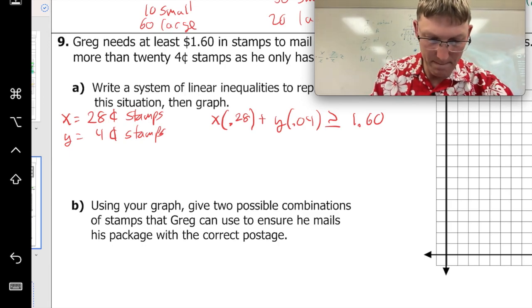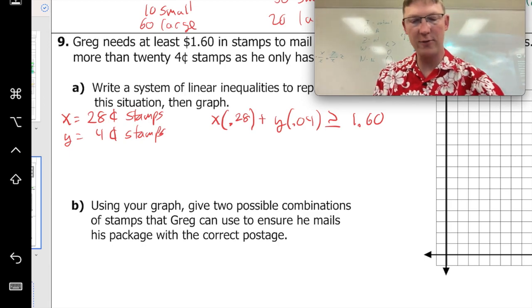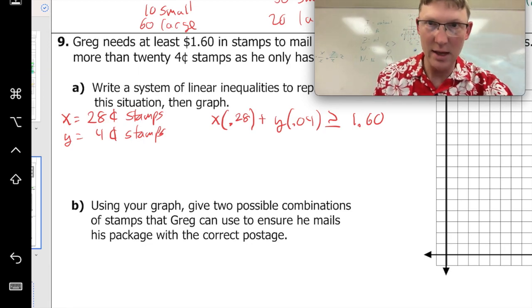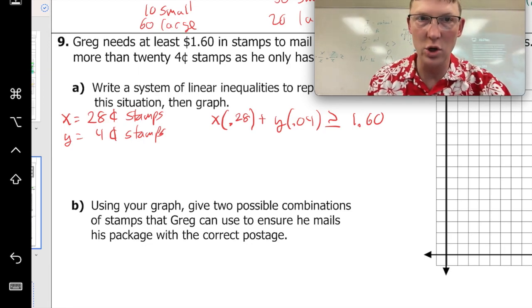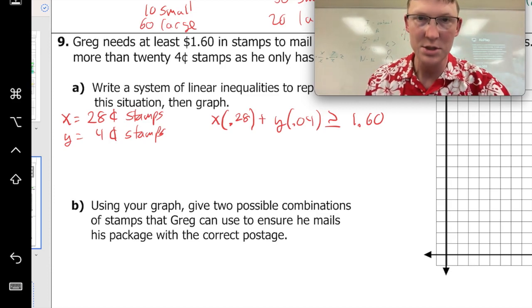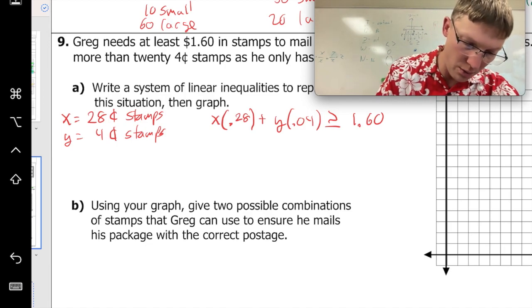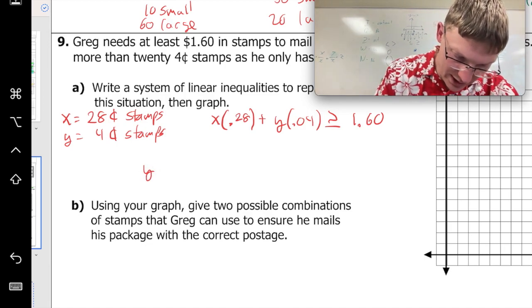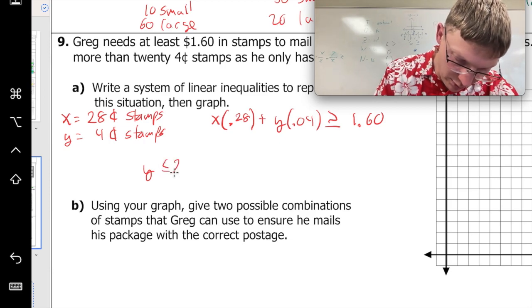So yeah, that's our first equation. And then our second equation, it says Greg can use no more than 20 4-cent stamps. He only has one book left. Cool. So in that case, y, which is our 4-cent stamps, has to be less than or equal to 20.